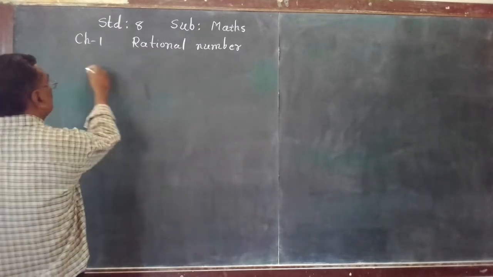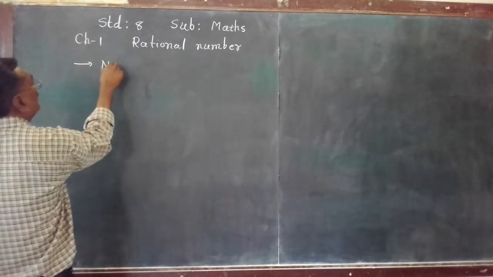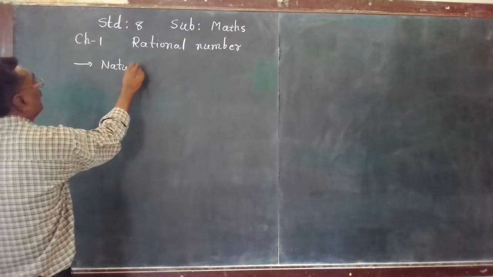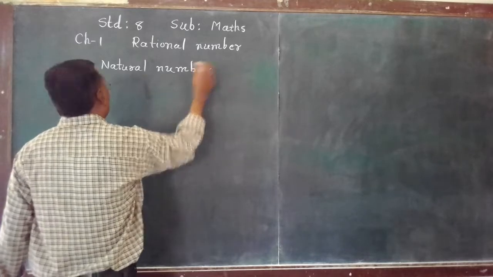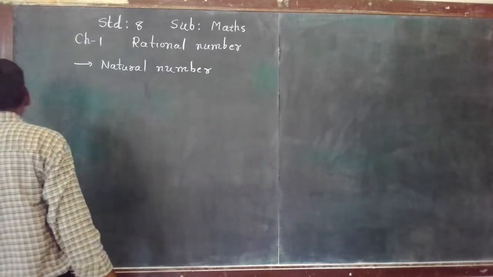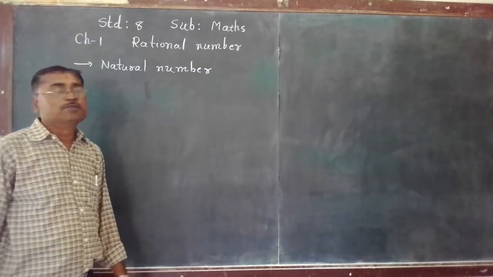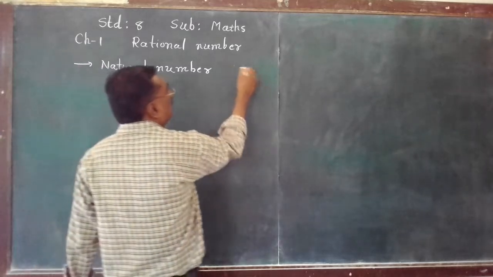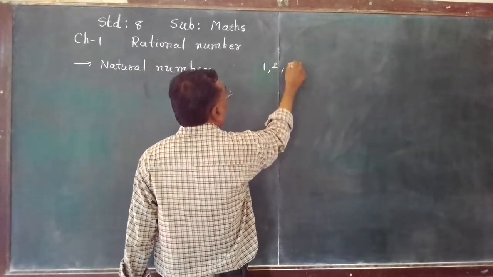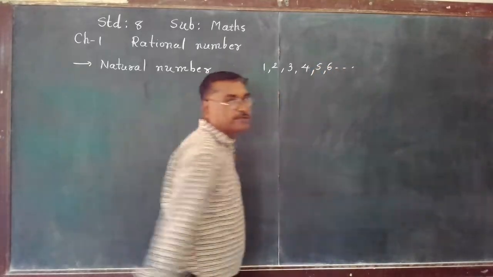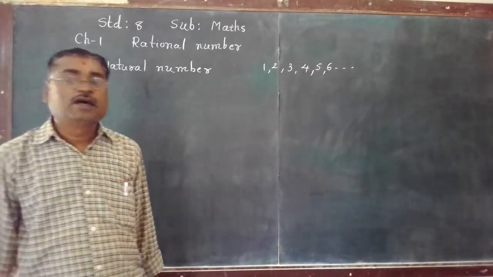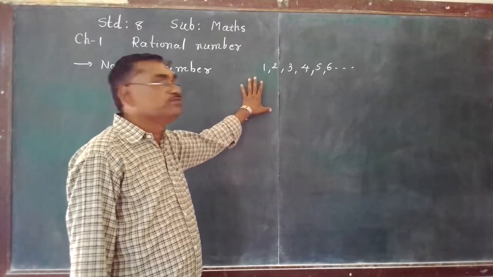That is natural numbers. Natural numbers are the numbers we know: 1, 2, 3, 4, 5, 6, whatever. These numbers are known as natural numbers.